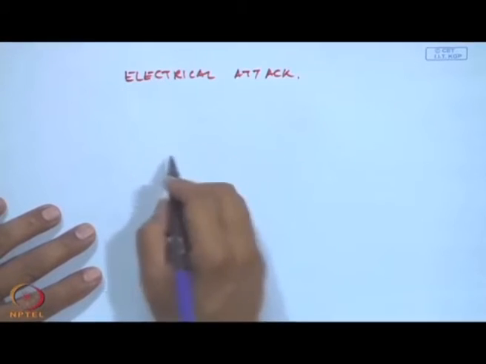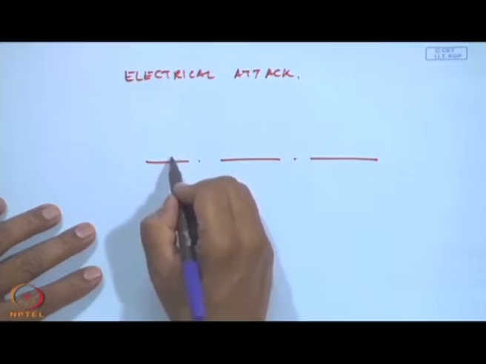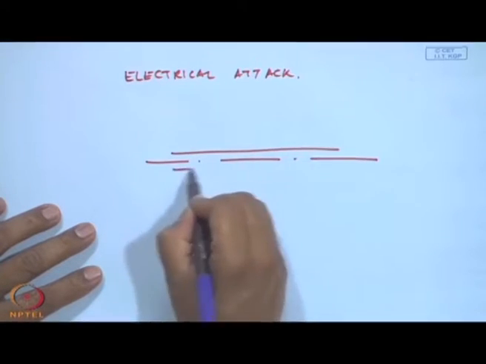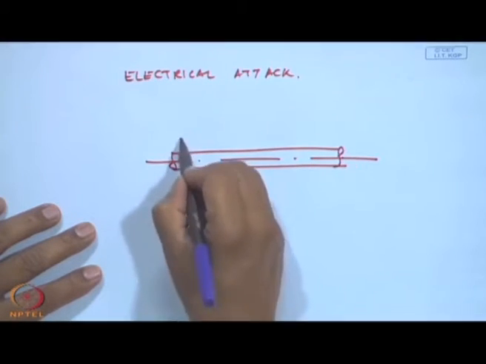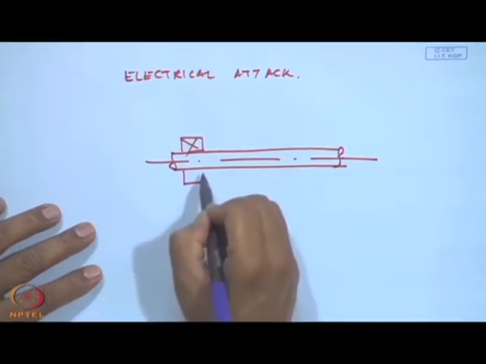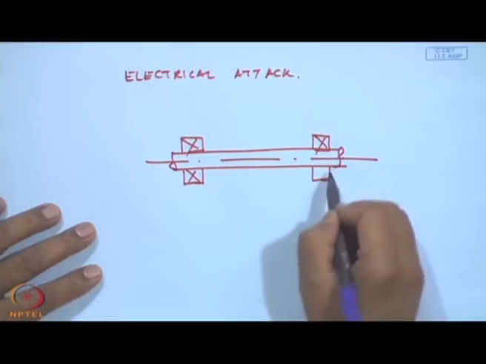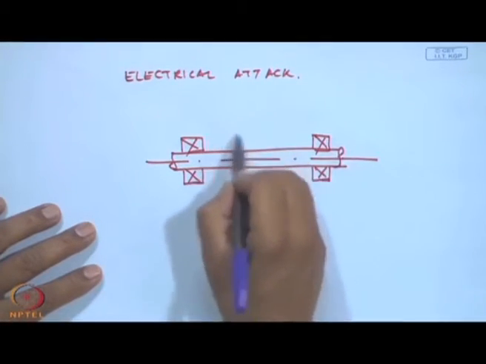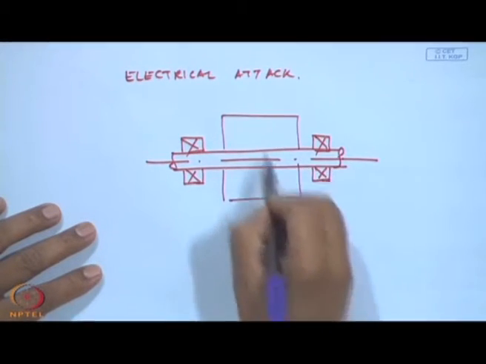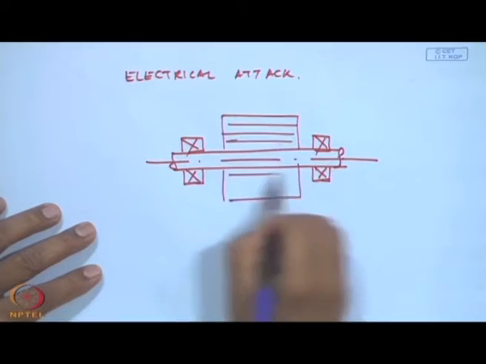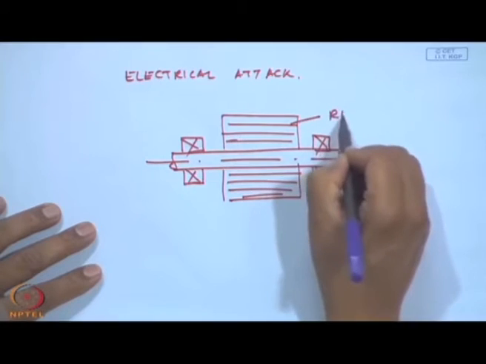Particularly think of the case of an electrical motor. Okay. And there is a rotor, this carries a rotor, of course, there is a stator. I am not drawing the stator here.